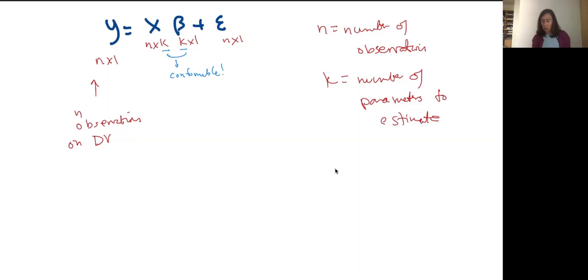And when we do that multiplication, the result is n×1, and that's good because we want to be able to at least think about adding these error terms that, again, we don't observe, but we're trying to think about how they could be affecting our certainty in our estimates here. And when we add the n×1 product of X beta to the n×1 vector of unknowns, we should get another n×1. So it all works out.